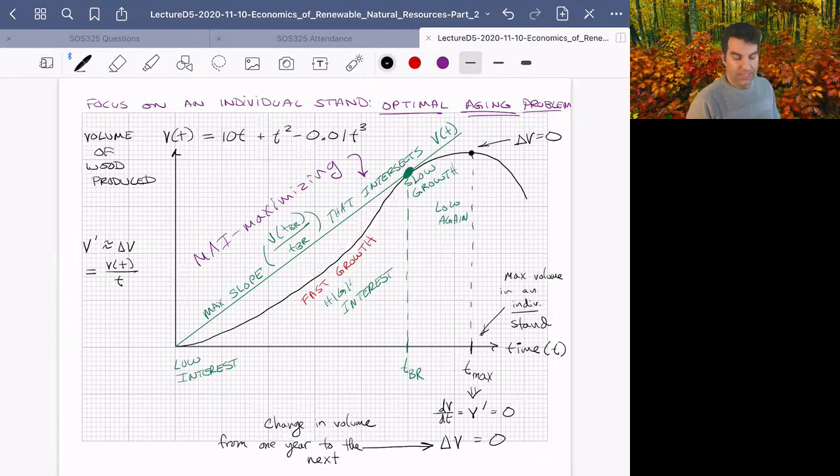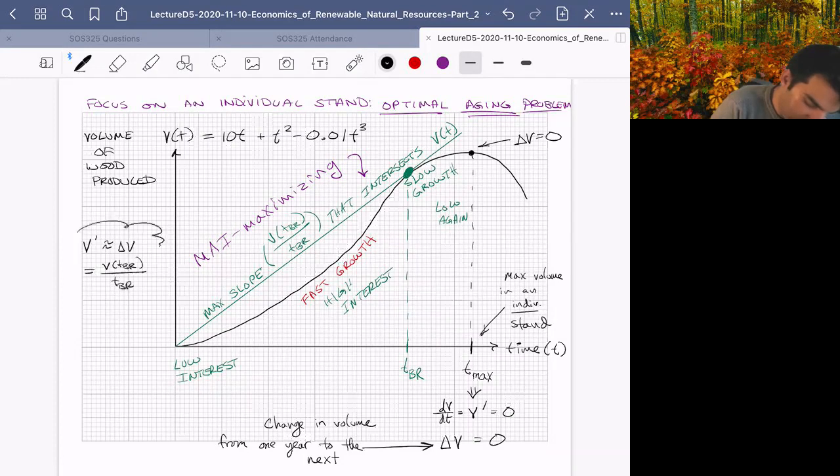And I guess I should write TBR there to make that even clearer. So this equals V(TBR) over TBR. So here, maybe I'll just put delta V next to it. This here is a statement of the biological rotation.